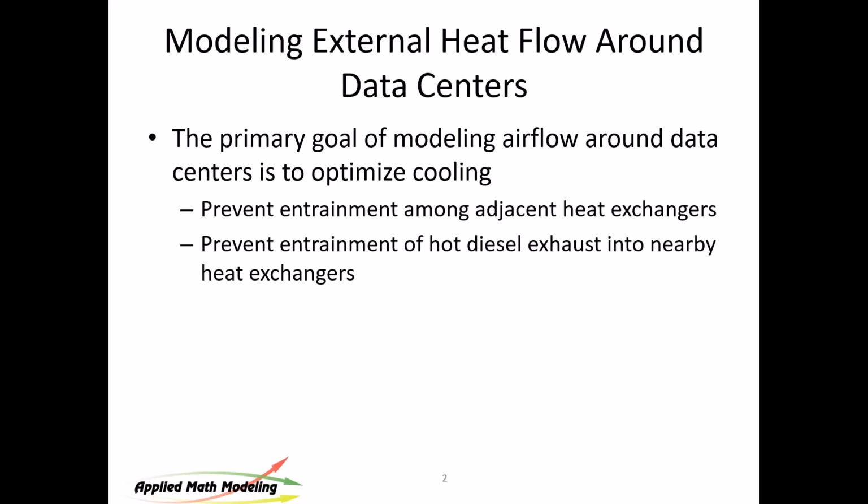In addition, there's also the issue of external generators. One of the issues that we always face is what happens when the power fails. The IT servers themselves are backed up with battery, but eventually you've got to get that diesel generator up and running, unless you have a fuel cell or something, which is still a little unusual. Diesel is still the thing people use the most, these big V16 diesel generators.